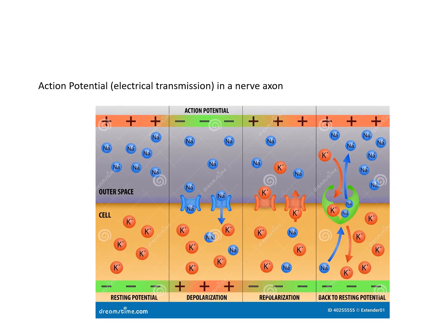To be able to reach threshold and cause electrical activity to travel down this neuron axon, we need to flip the charge. So if you look here in this first box, outside is positive, inside is negative. The way that we're going to flip the charges is we're going to bring sodium ions through protein channels into the axon.